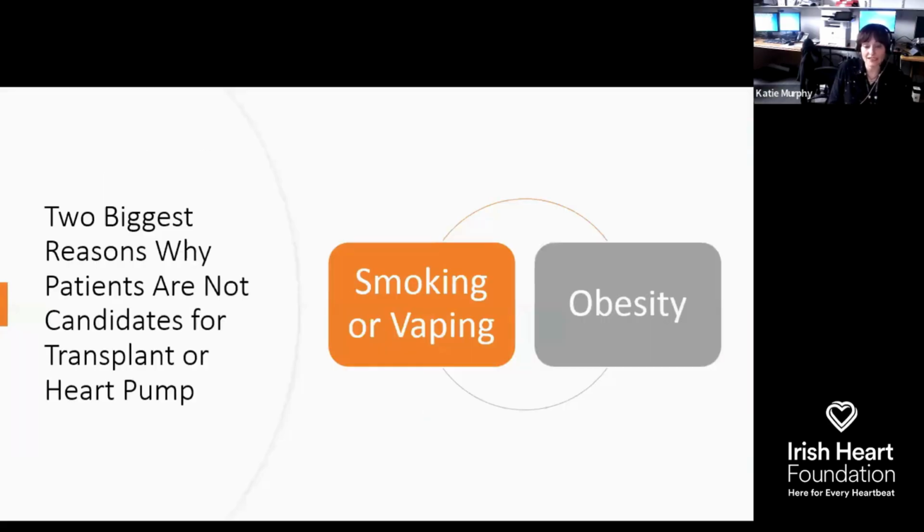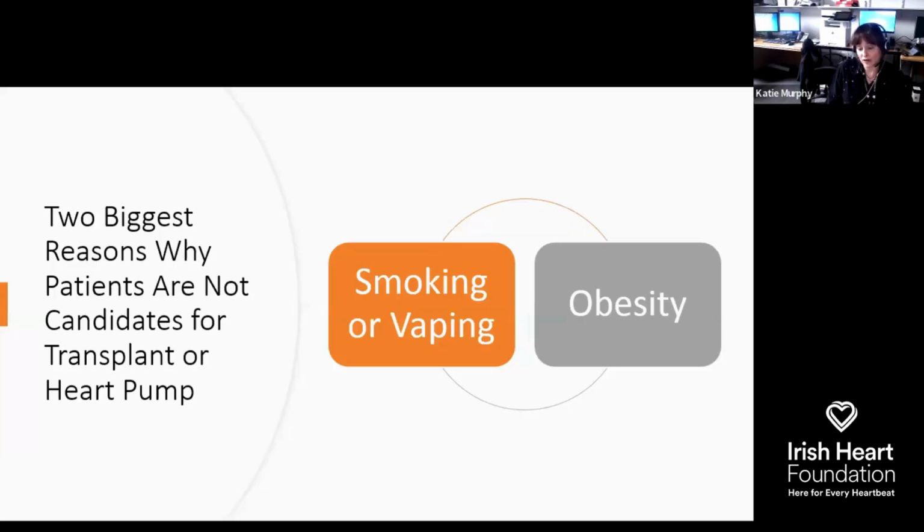Now, when it comes to these advanced heart failure therapies, there are two modifiable things that we hear again and again, and that can be a reason why people aren't able to have these therapies. And so the first one is smoking or vaping. So any nicotine related substances for 6 months before these therapies is an absolute no-no. And then the second one is obesity.